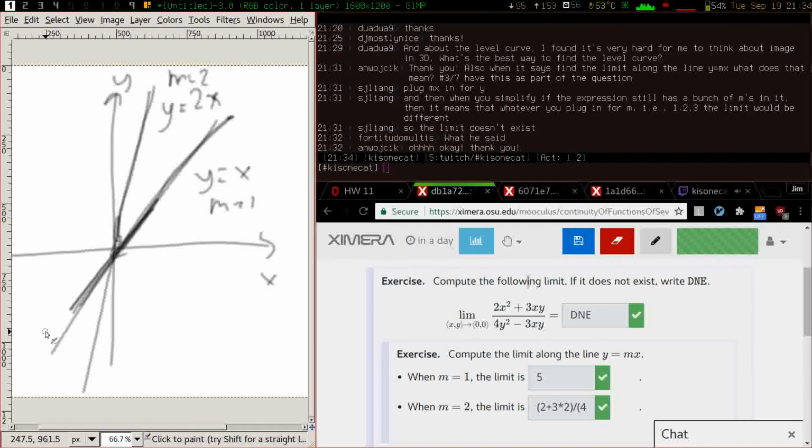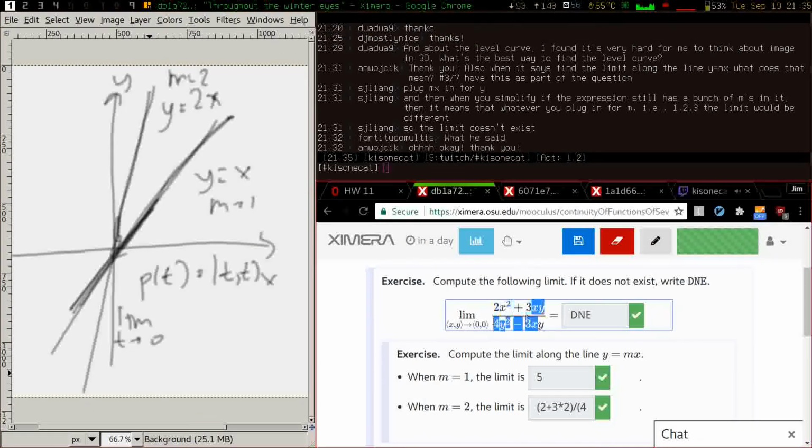So if you like, I could even parameterize the line. I could write p of t equals t, t. So that's a parameterization of this line when y equals x. And then I could ask about the limit as t approaches 0.